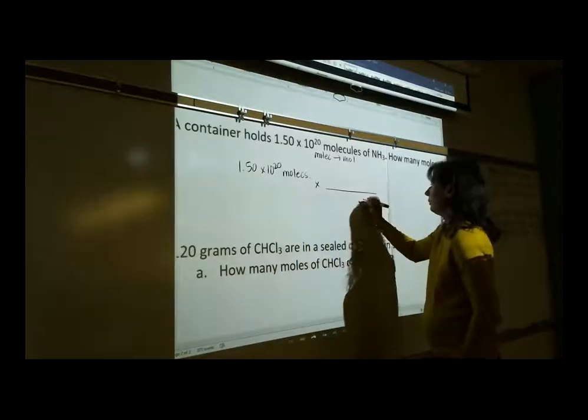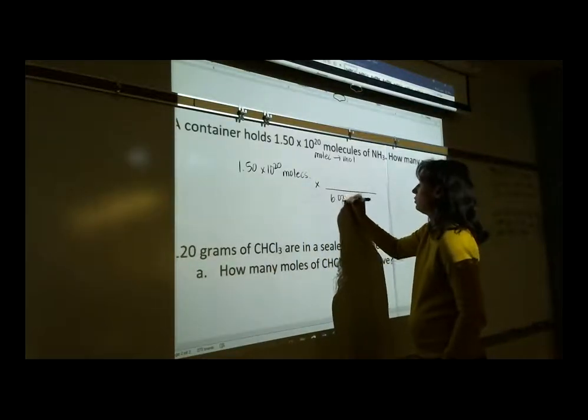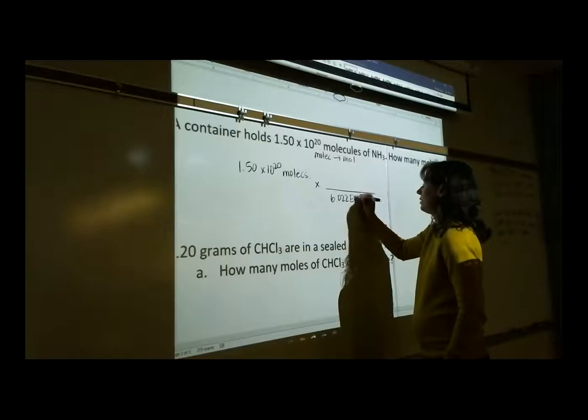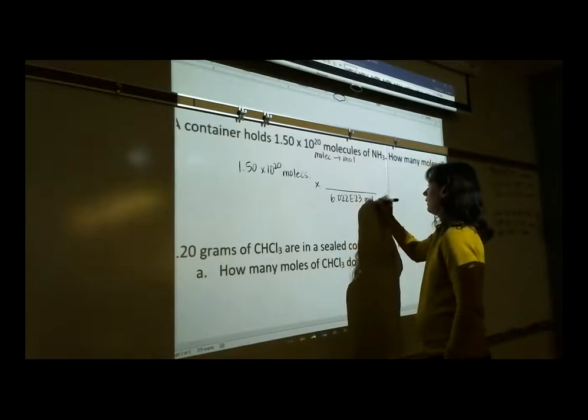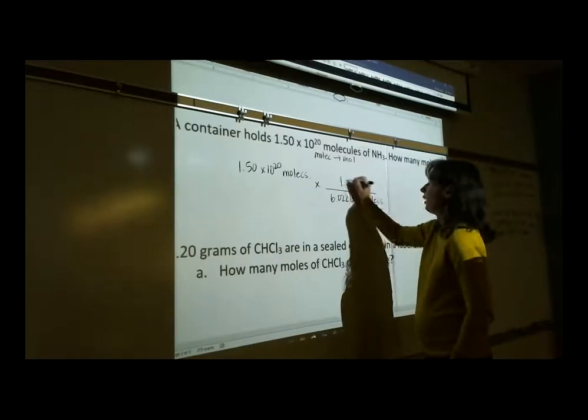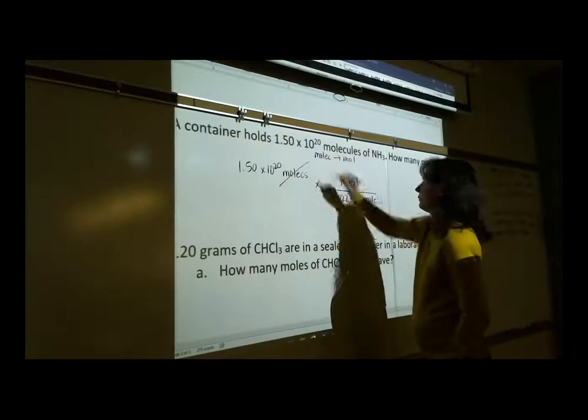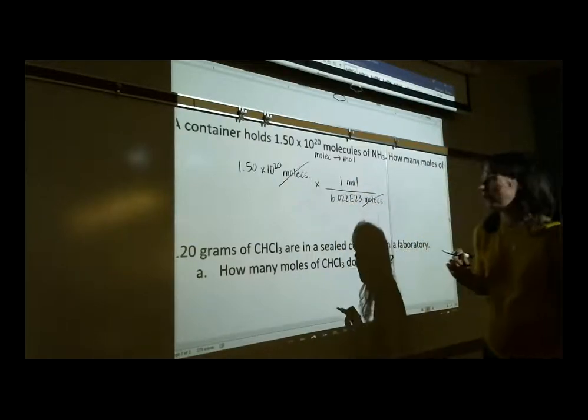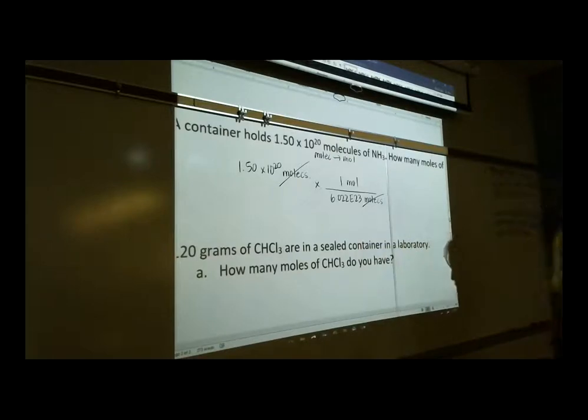Molecules goes on bottom, right? And there are 6.022 times 10 to the 23rd molecules for 1 mole. So we're just dividing 1.5 times 10 to the 20th by 6.022 times 10 to the 23rd.